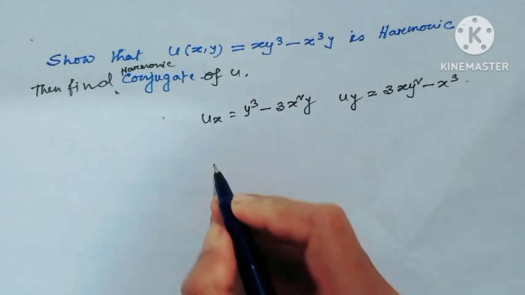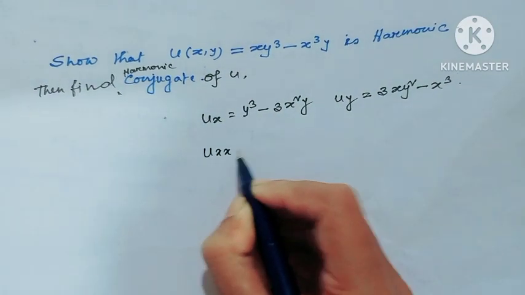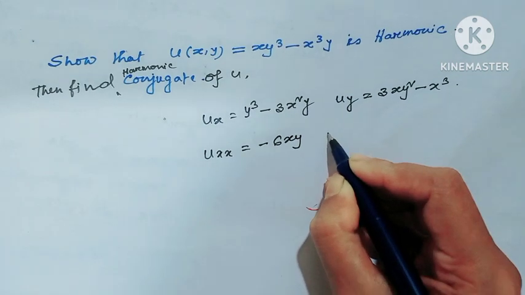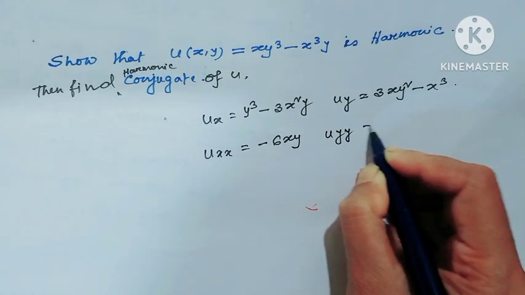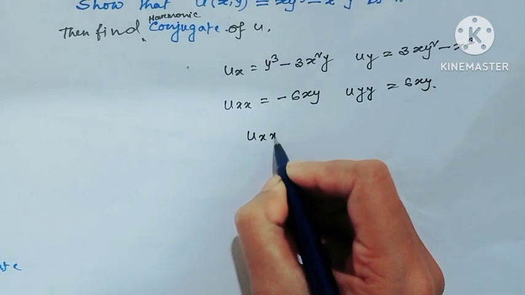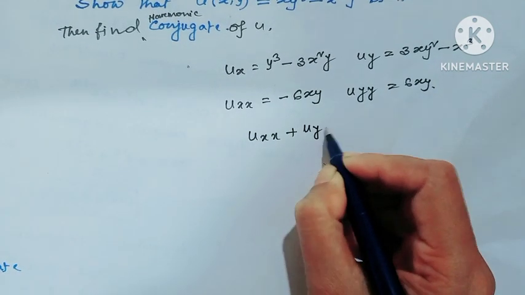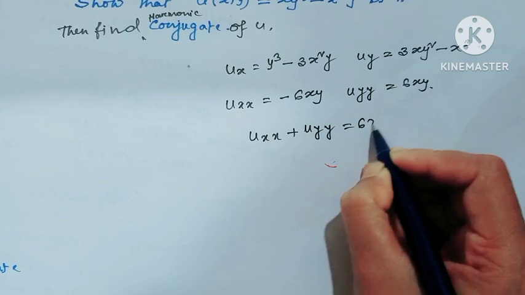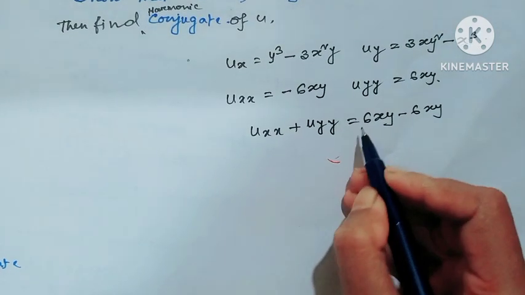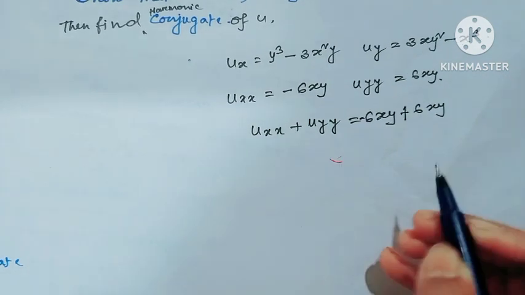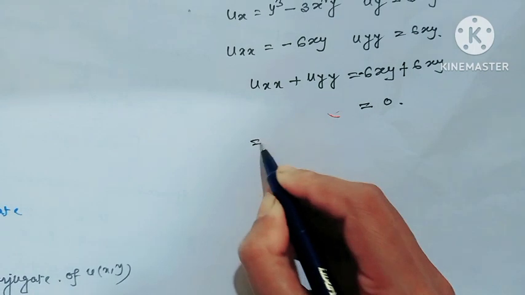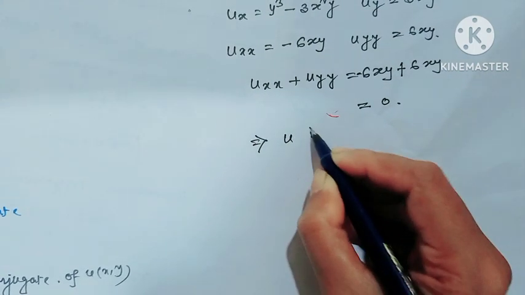Notice here u_xx equal to minus 6xy and u_yy equal to 6xy. Therefore, u_xx plus u_yy is equal to minus 6xy plus 6xy, which is equal to 0. Therefore, u is a harmonic function.